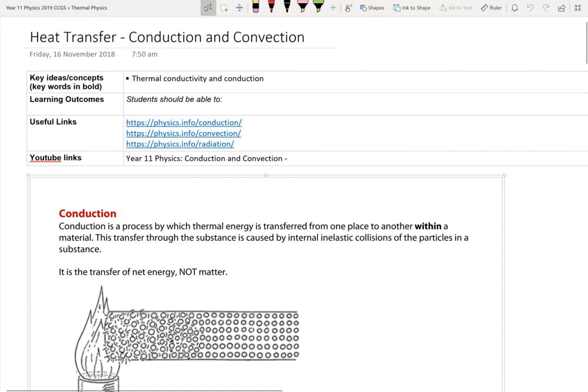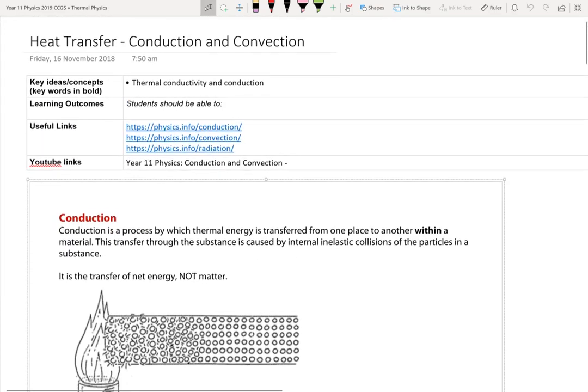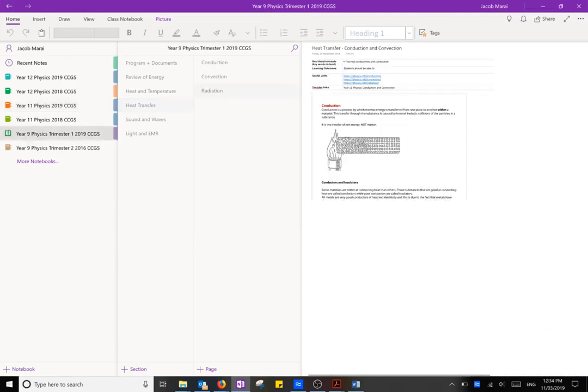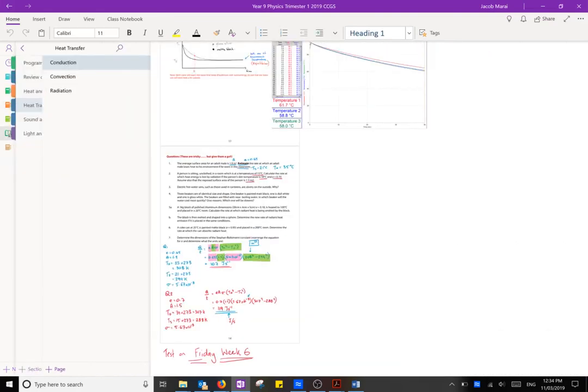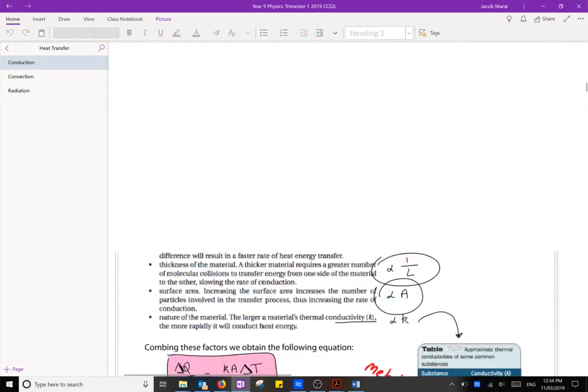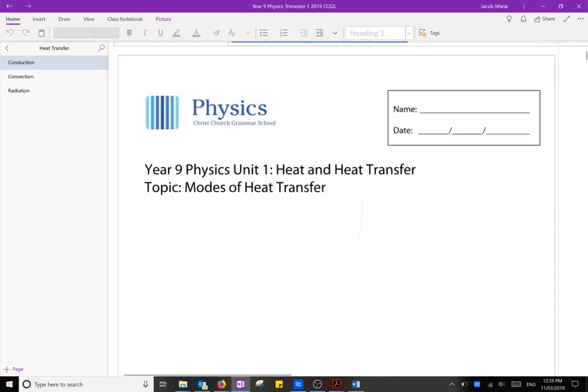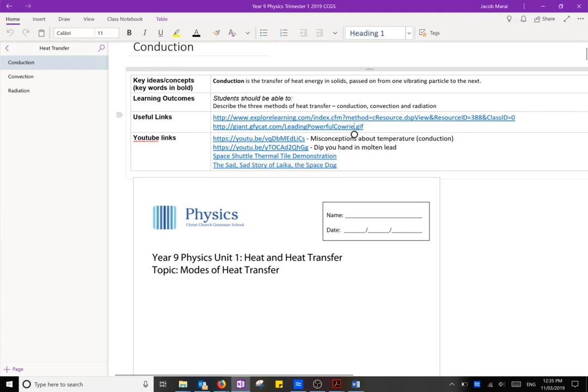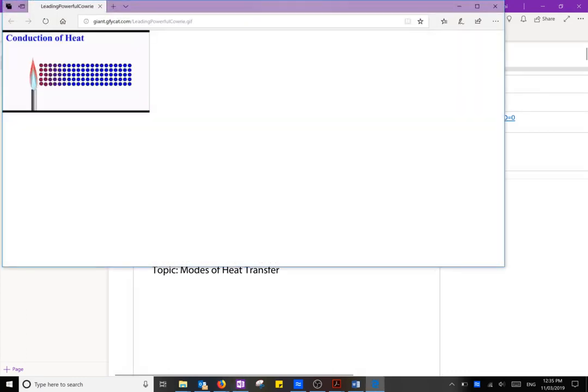we can't really see or visualize, but I put up a link to my Year 9 class. There's the diagram there, and I placed a link up here. There we go. If you can understand this animation, then that's pretty much conduction done. Okay? So, have a look.